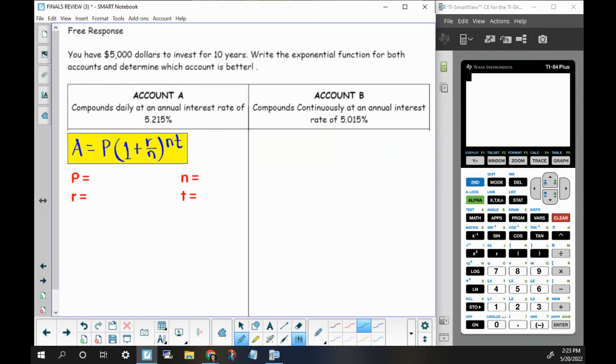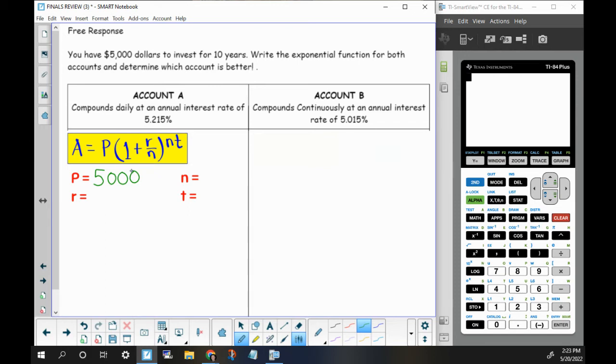What are these variables? What is our P? Good, 5,000. What is our R? 5.215.